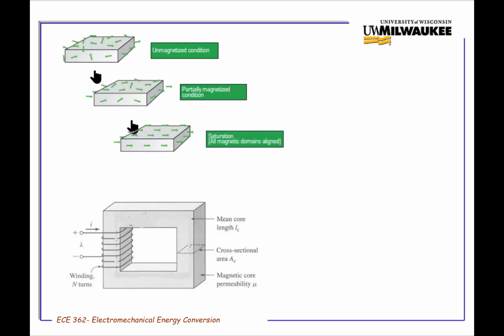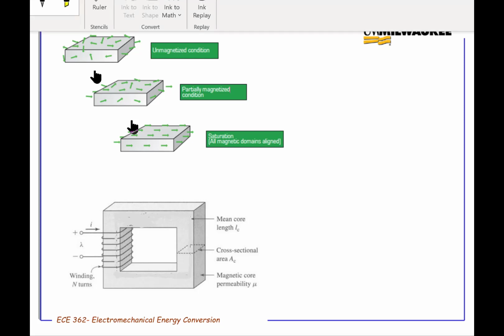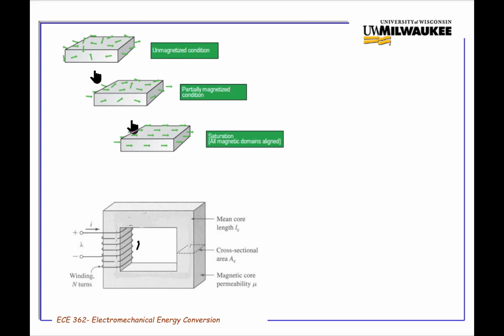Alright, so we also talked about impressing a magnetic field onto a core. And here's my better picture that I doctored up, and I want to show you again. I've got this number of turns wound around this magnetic core, and I'm also going to draw this line because we talked about it. This is right in the middle of the core.